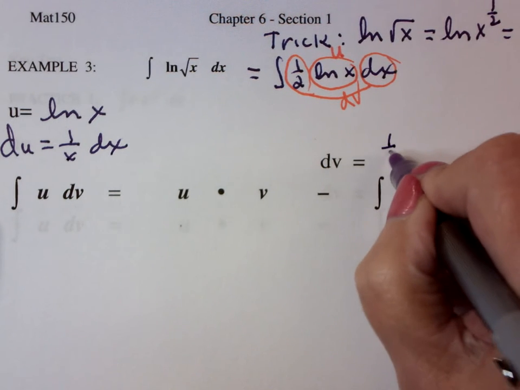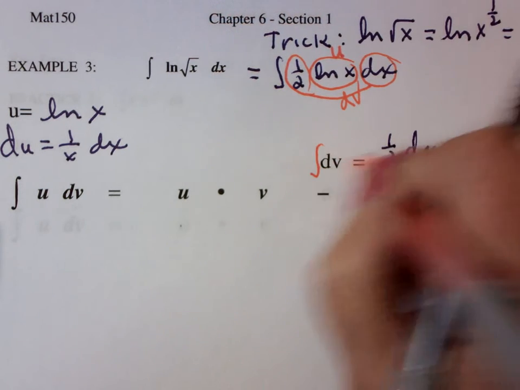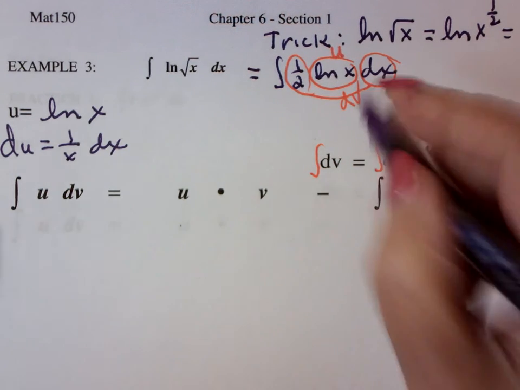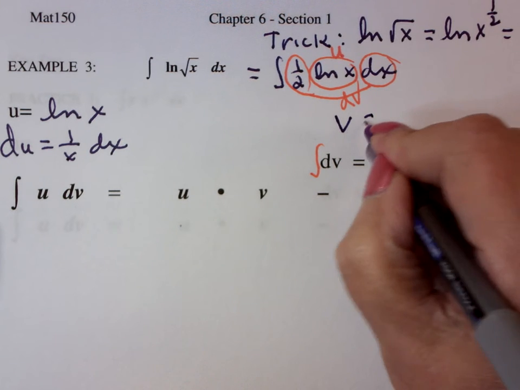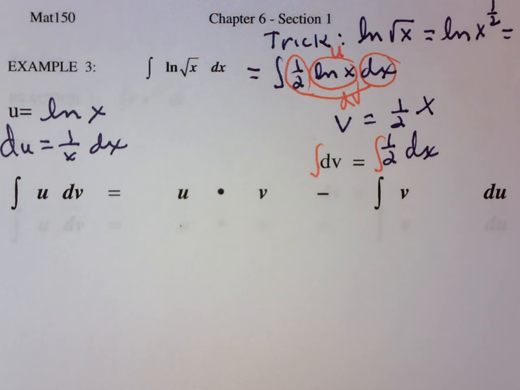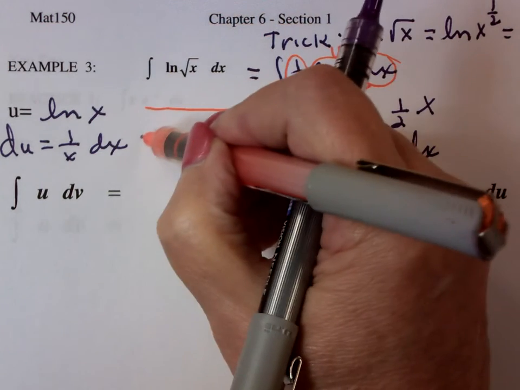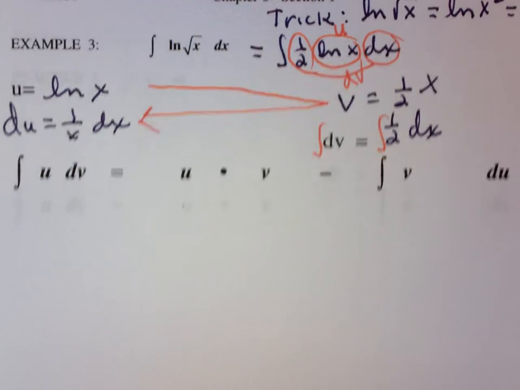dv is 1/2 dx. That's what was left over. Integrate both sides, so that v is 1/2 x. So now, you do it.